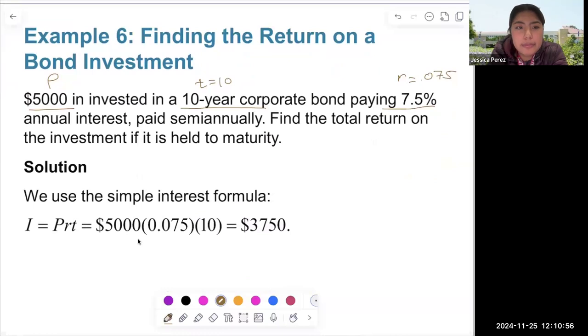Well, the interest is simple interest. I equals PRT. First, we're going to look at the simple interest, which is going to be 3,750, because we're looking for the interest of the bond. We are going to look at the paid semi-annually.